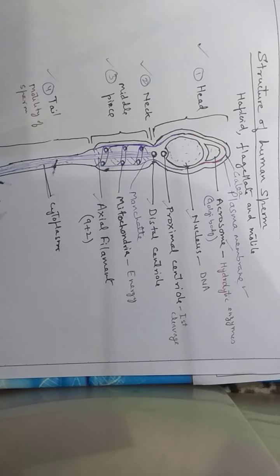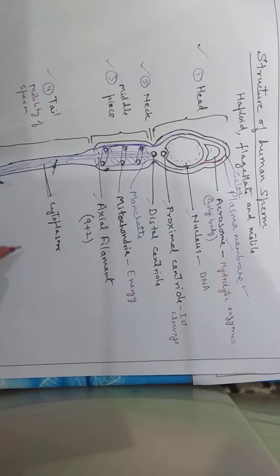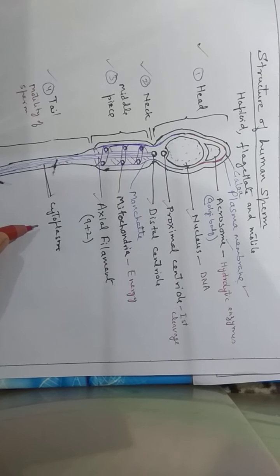Another important thing is that at the time of spermatogenesis, 4 spermatids are formed.